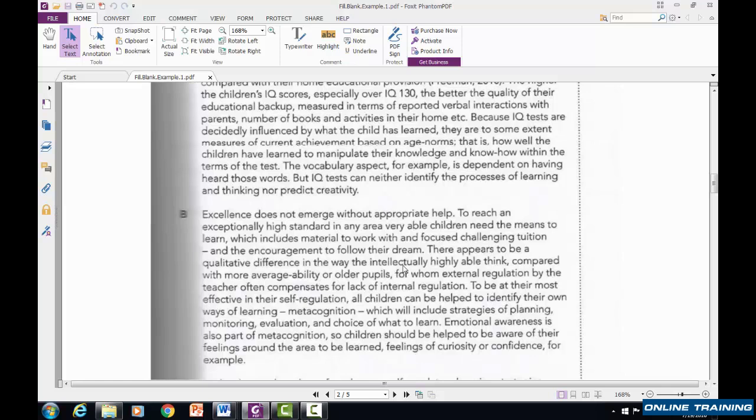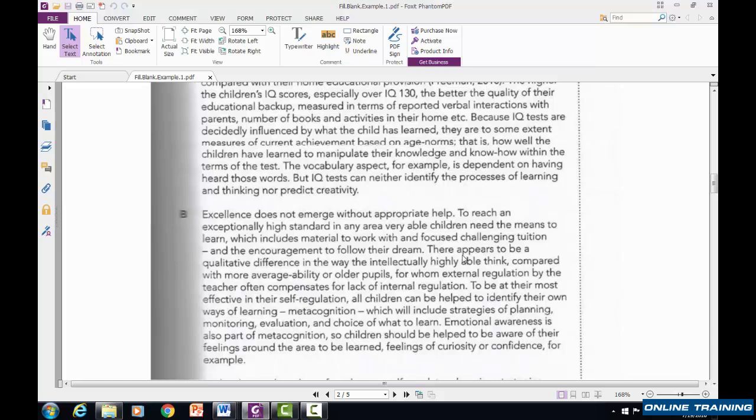In this sentence, there's going to be language that's related to the words "do not have," and that's going to be our answer choice. So it says there appears to be a qualitative difference in the way the intellectual highly able think, compared with more average ability or older pupils, for whom external regulation by the teacher often compensates for lack of internal regulation.